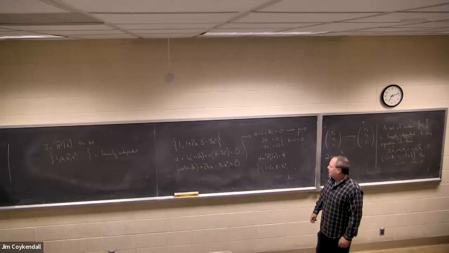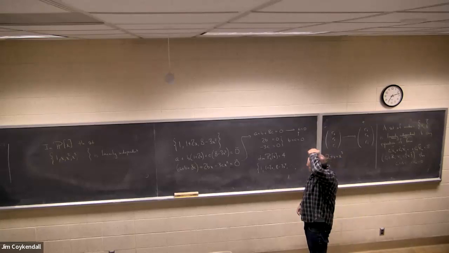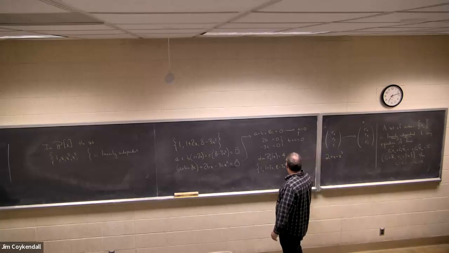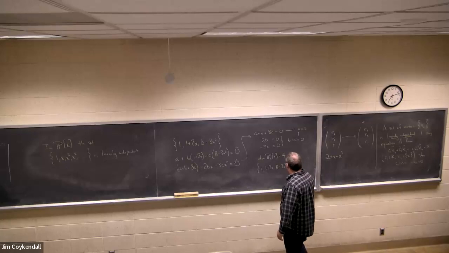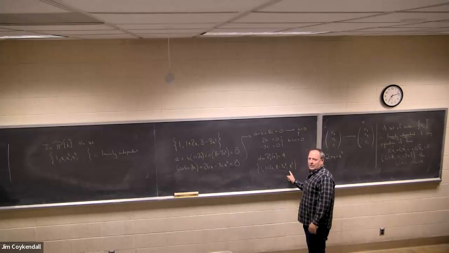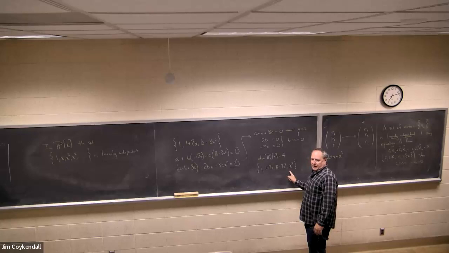All you need is an x cubed term, right? I'll just put an x cubed there. Now you've got a set of 4 linearly independent vectors, so that has to be a basis. And it's fairly easy to see these 4 span as well.